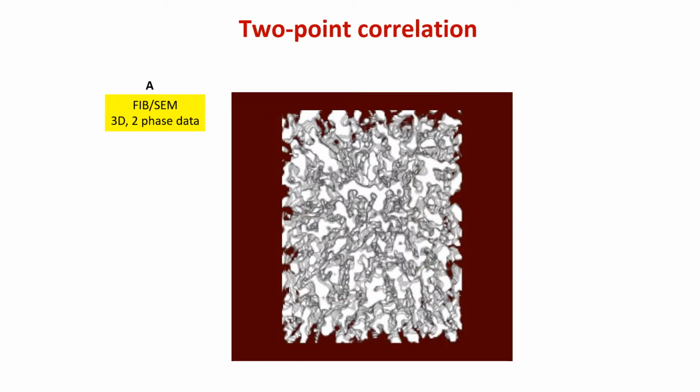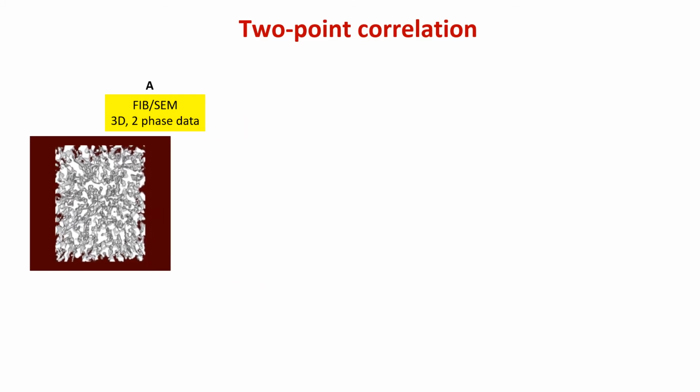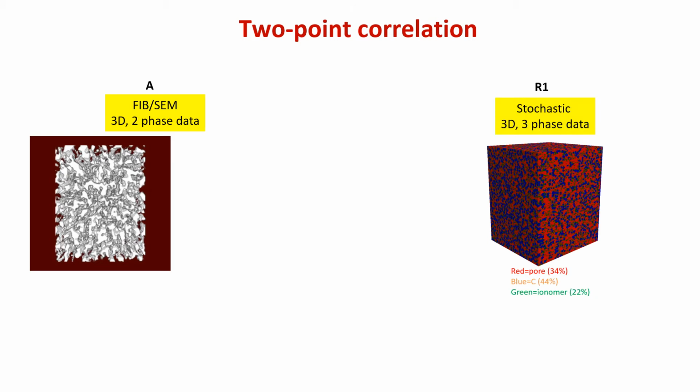Alternatively, we could reconstruct the catalyst layer structure numerically based on certain reconstruction algorithms. Here we obtain a two-point correlation from experiments of FIB-SEM, and use a stochastic algorithm to reconstruct a catalyst layer structure that compares close to this correlation.